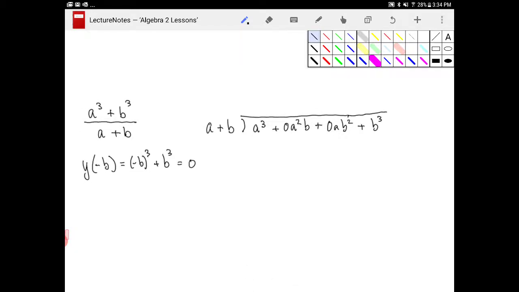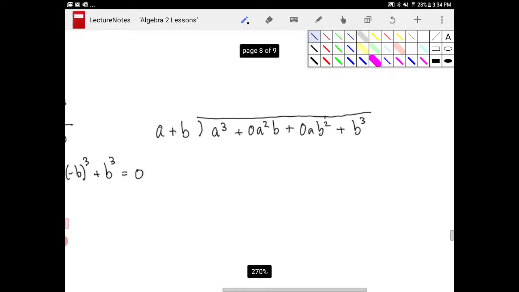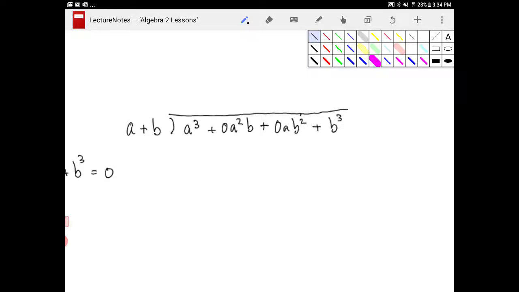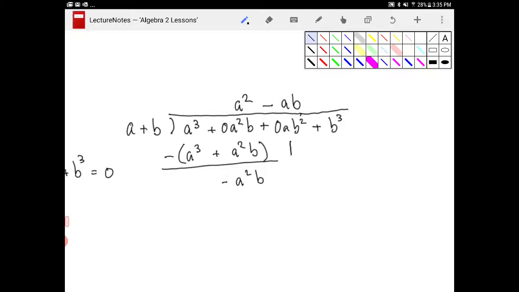So I'm going to multiply a plus b by a squared, and what I'll get is a cubed plus a squared b, and I am going to subtract, and if I do, I'll end up with negative a squared b. I will do this again with minus ab, and I forgot to pull this down, so it's plus 0 ab squared.